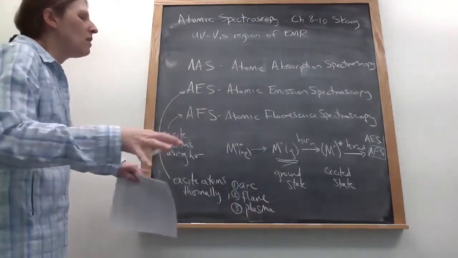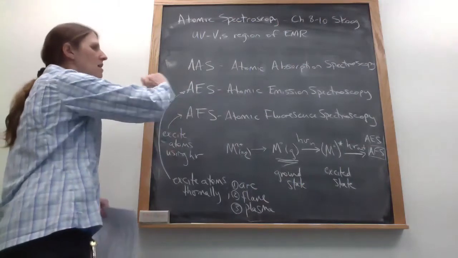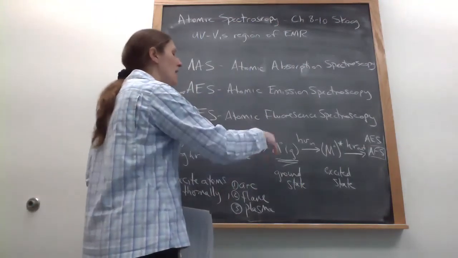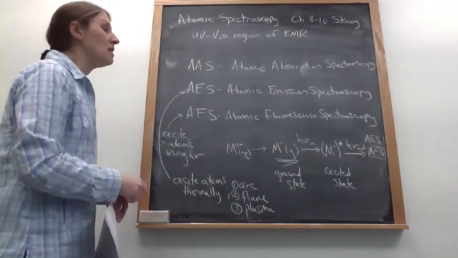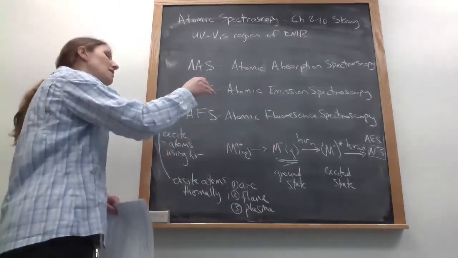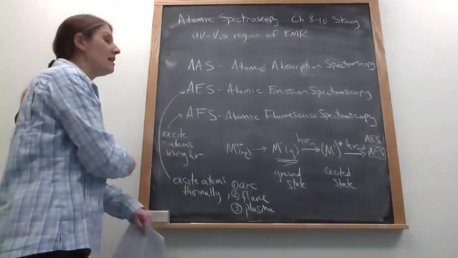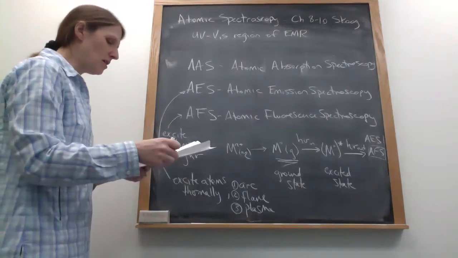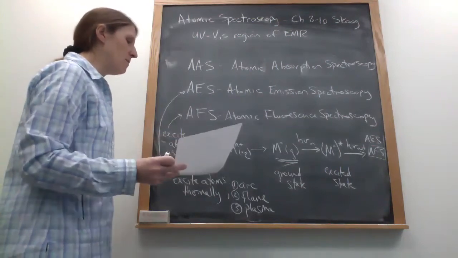So these are all ways that atomic emission spectroscopy will get atoms from the ground state to the excited state. Fluorescence will use light to excite atoms. So there are differences between those two.